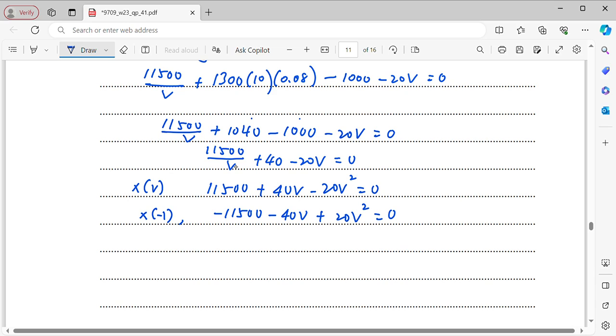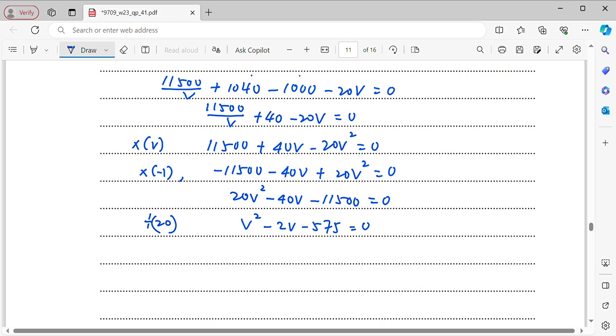Then from here I rearrange 20V squared minus 40V minus 11,500. It will be 0. And now for the whole equation, I will divide by 20. Then I will be getting V squared minus 2V minus 575 equals to 0. And now this quadratic equation can be factorized into V minus 25 and V plus 23.